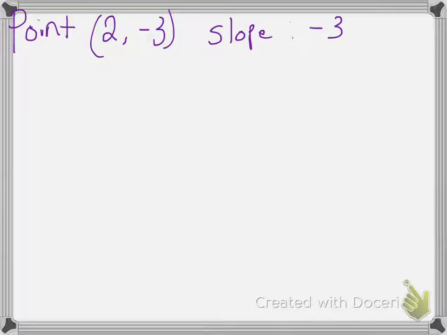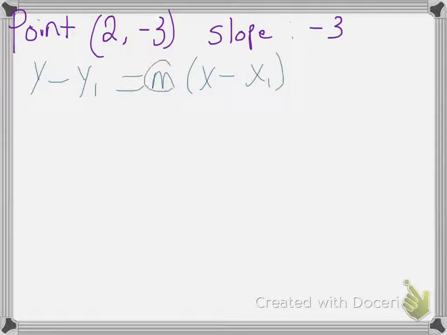Okay, let's say we have this. And I say find an equation that goes through the point 2, -3 and has a slope of -3. So that's all they give us. Well, we have a point and a slope, which means we use a point slope formula, which is y minus y1 equals m onto x minus x1.